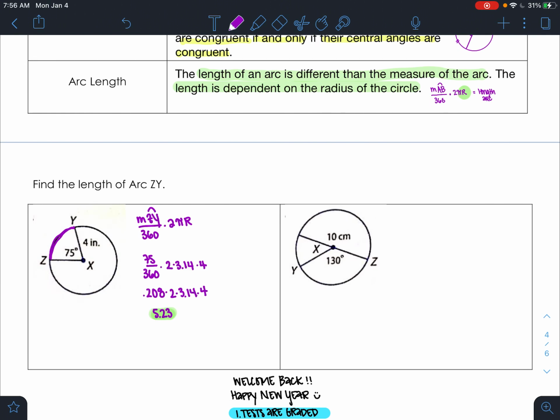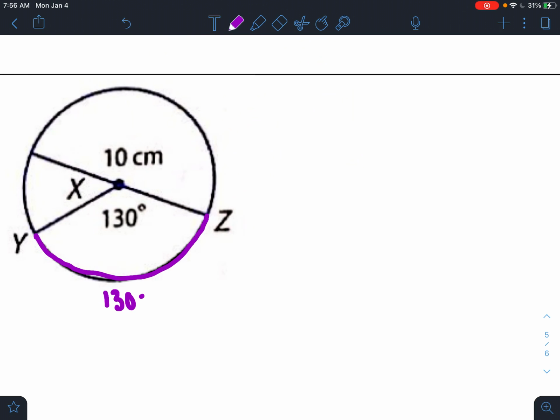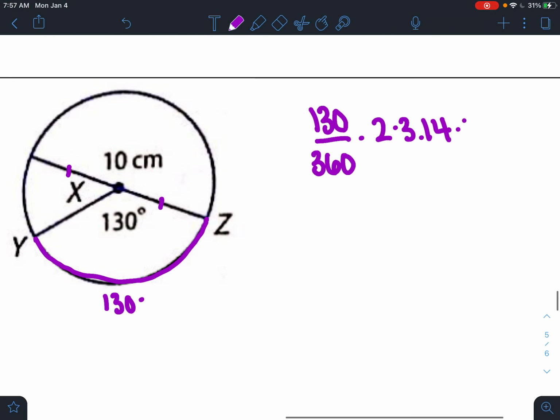Next one. Again, we're going to try to find the length of arc ZY. The measure of that arc is 130 degrees, so let's plug into our formula. It's going to be 130 degrees over 360 times 2 times 3.14. Before we put in that, 10 is representing the diameter, so we actually have to cut it in half and put in 5.